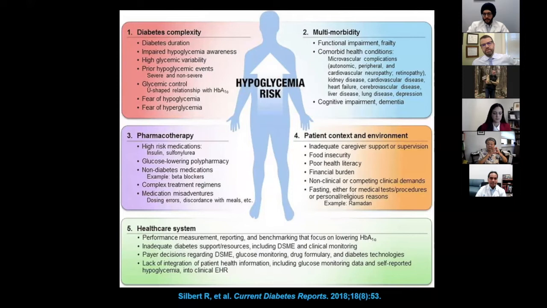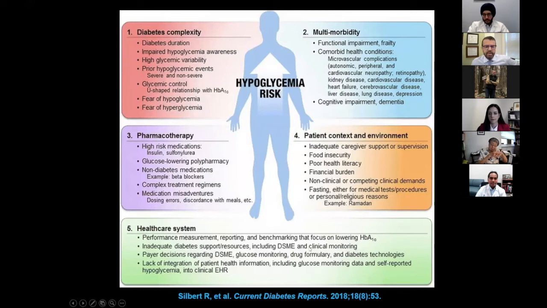So having a discordance between meal timing and insulin as well, which can happen. And then there's the patient context environment. So health literacy, other factors which may impact that, caregiver support, fasting, and being culturally sensitive to the individuals where there may be other reasons for fasting.